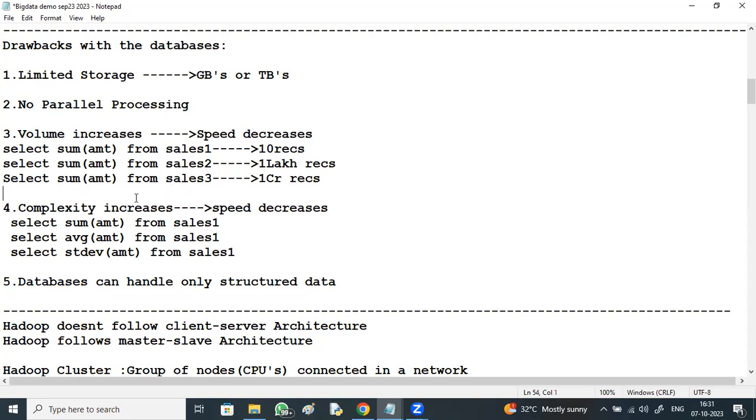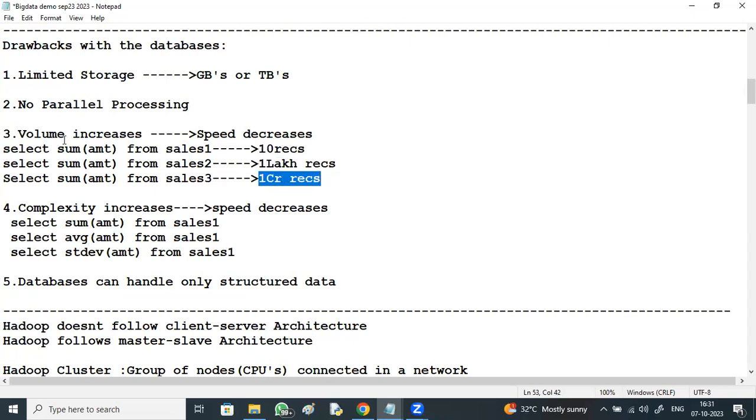Sales one has got 10 records, sales two has got 1 lakh records, sales three has got 1 crore records.